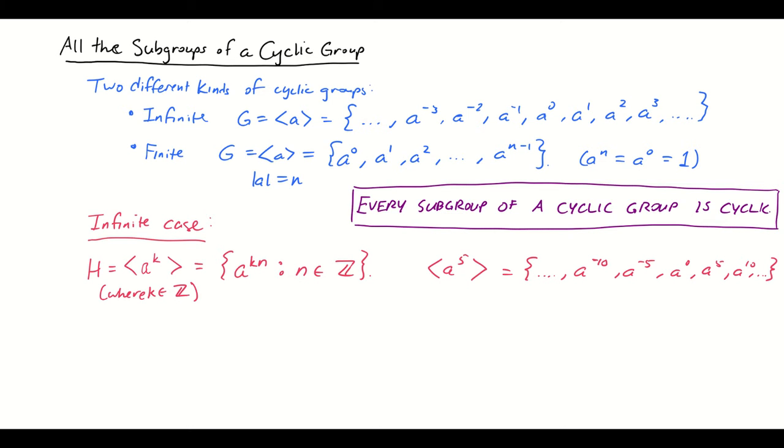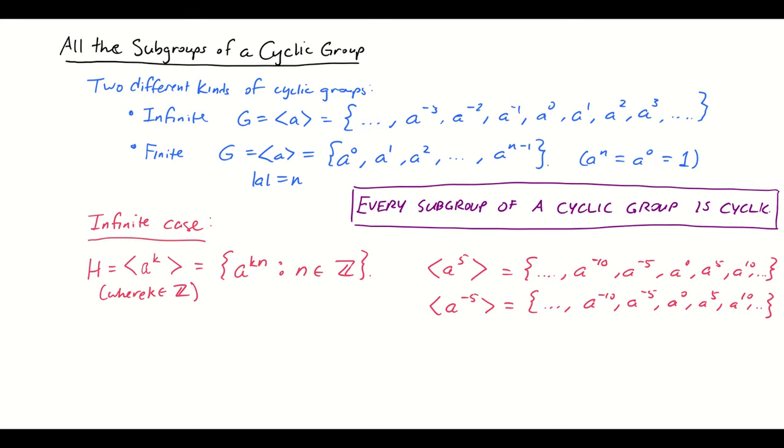Now, can you think of any other element of G that I could take that would generate exactly the same subgroup? I mean, A to the 10th wouldn't work because that would only give me multiples of 10, not multiples of 5. But if I took A to the negative 5, well, that would give me exactly the same set because multiples of negative 5 are the same as multiples of 5.